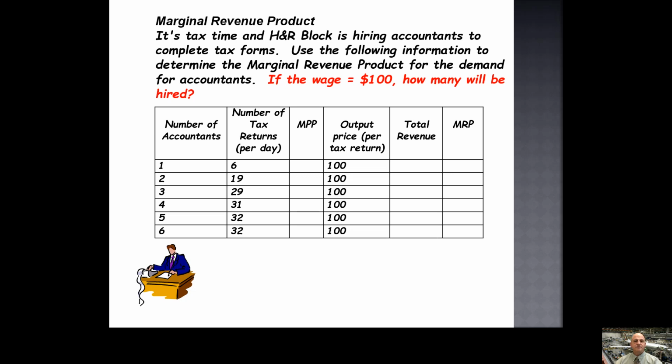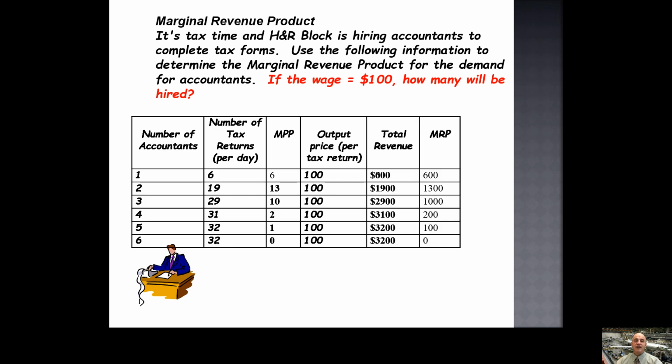And let's say that if we hired one accountant, they could produce 6 tax forms. If we had 2 of them working together, we could make 19 tax forms. If we had 3 of them working together, we could get 29 tax forms. So marginal physical product is just simply the additional product that is produced by hiring one more worker.